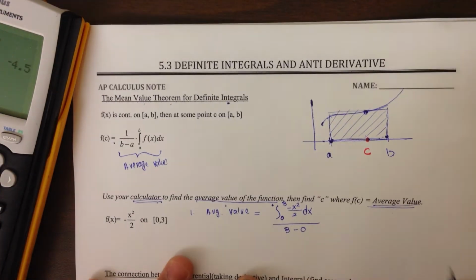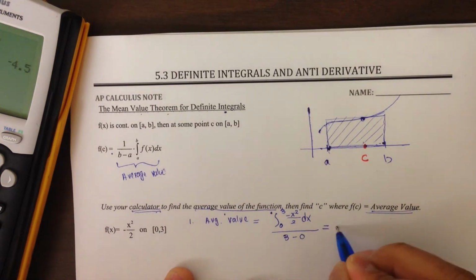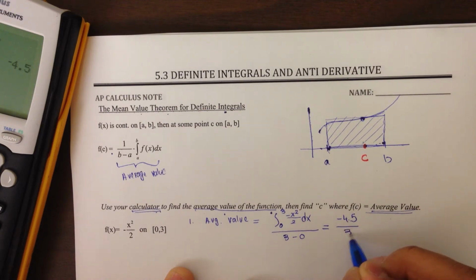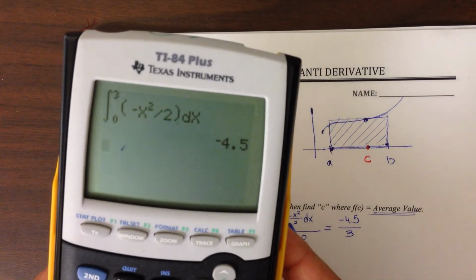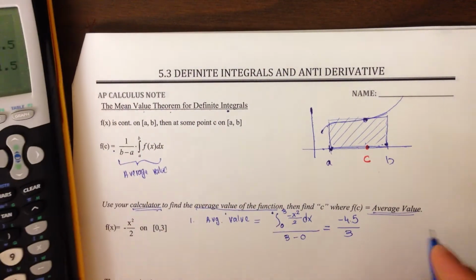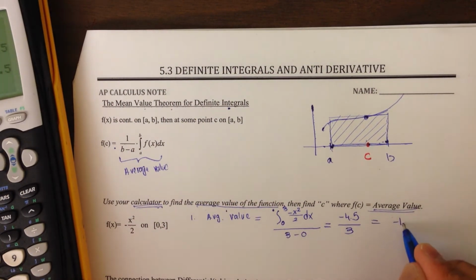So I know that this number is negative 4.5, and I'm going to divide that by 3, which gives me negative 1.5.